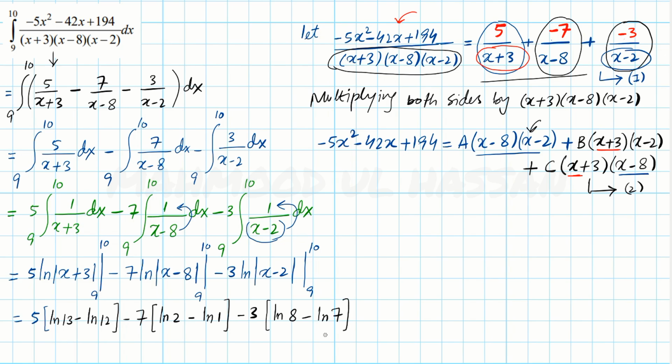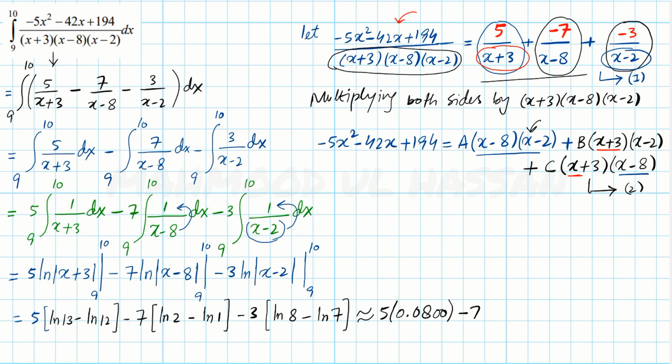Okay, so now we are going to simplify this, so that is 5 times natural log of 13 minus natural log of 12, that is 0.0800. Okay, these are not the exact values, these are basically approximate values.